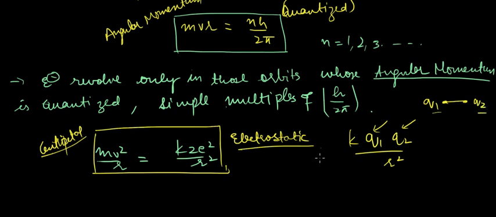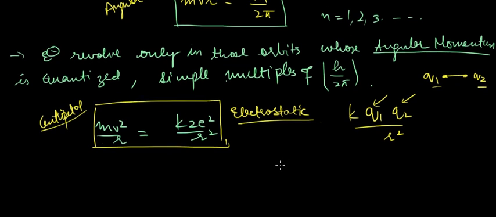In this case I am writing both the charges present on the electron and proton as e. The charge on electron and proton has the same numeric value, differing only in the positive and negative sign, so we take the mod and directly write kze square upon r square.